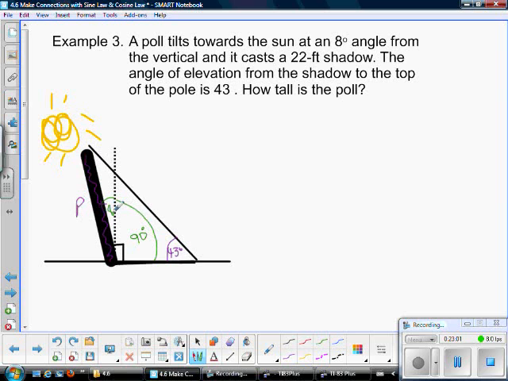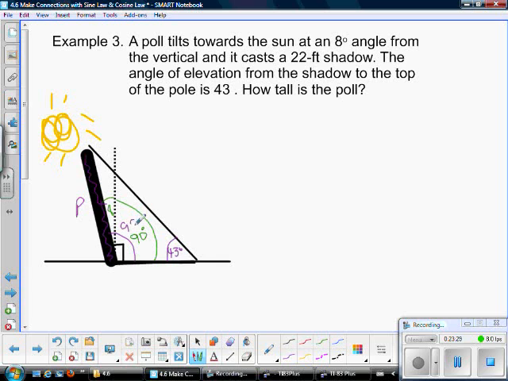Now, let's take a look to see what we know. Do we know any other measurements? You would think that maybe I would need to know another angle. If we look at our triangle, we've actually done a little bit of calculating. This purple here we know is 98 degrees.